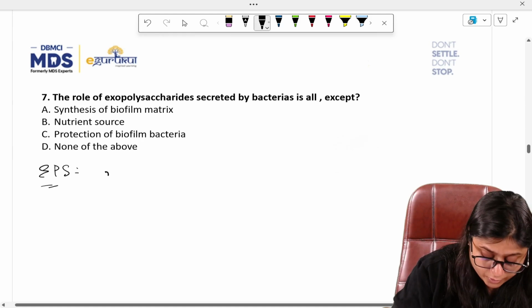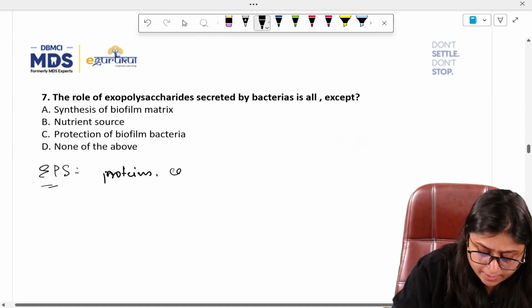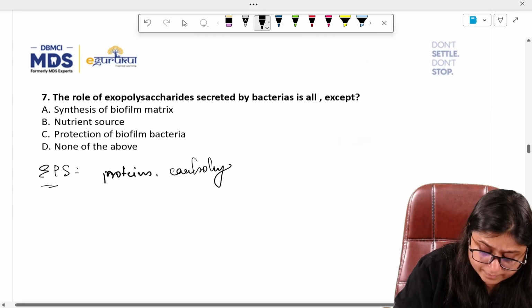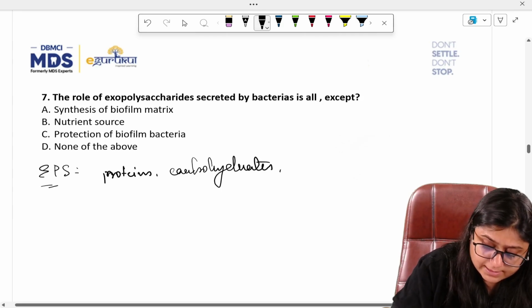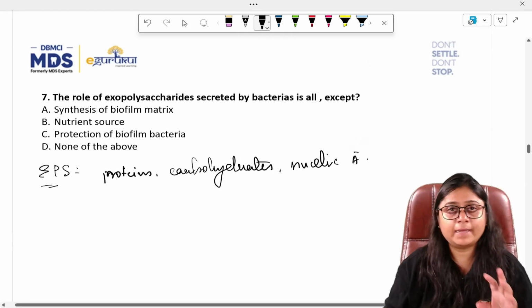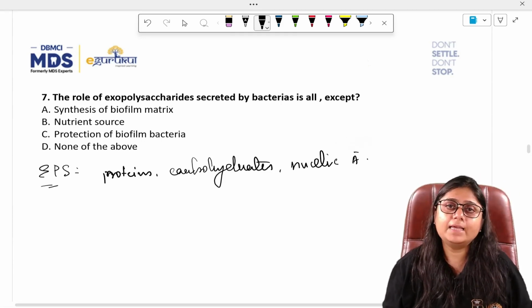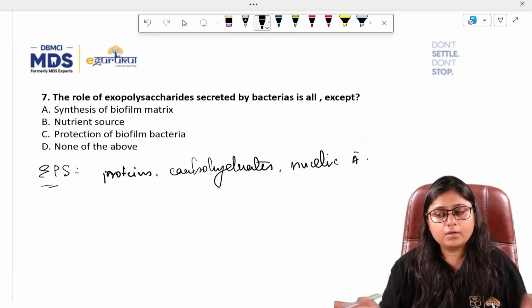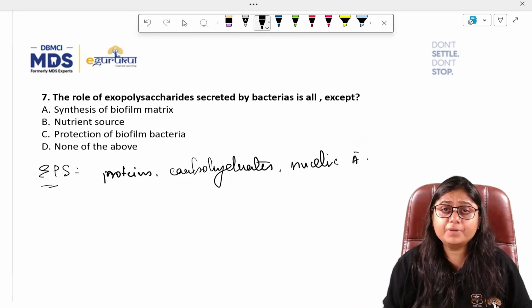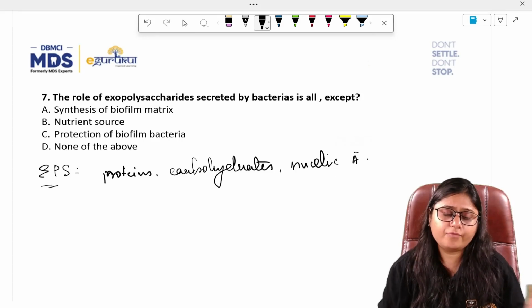Bacteria have a large amount of nucleic acids, so whenever a bacterium is dying in a biofilm, the components of the cytoplasm are secreted outside into the matrix and form a component of exopolysaccharides.